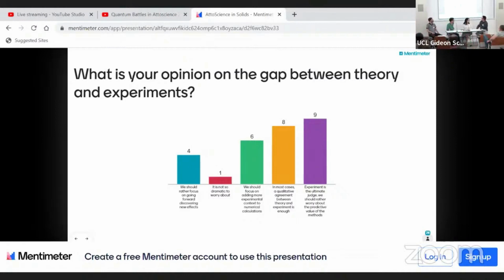Regarding this answer, I find it interesting. I think theory has a predictive power, but also allows us to understand the processes behind the experimental findings, and that also later allows us to make better further predictions, right?